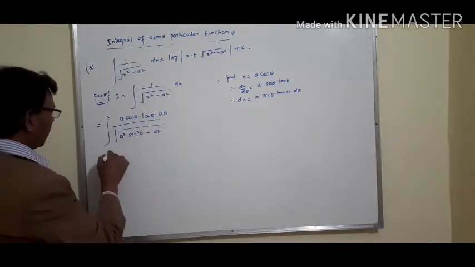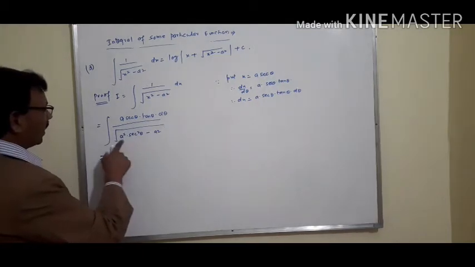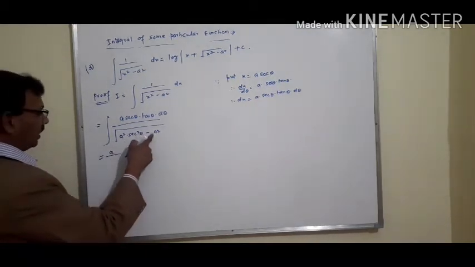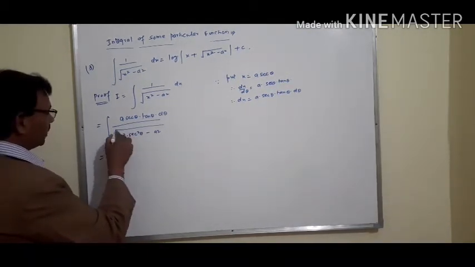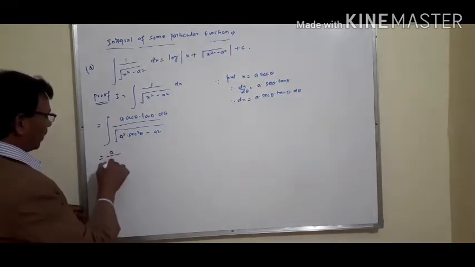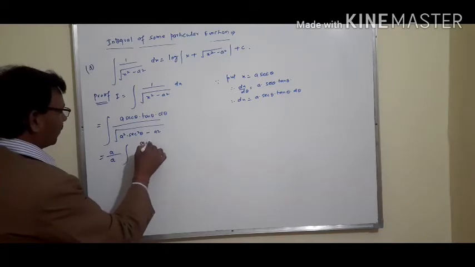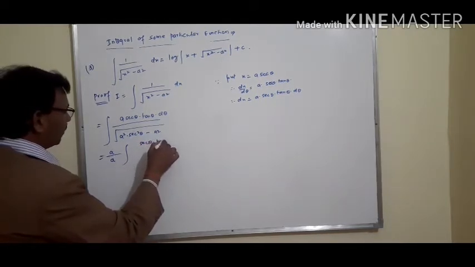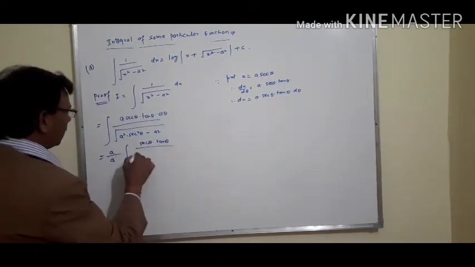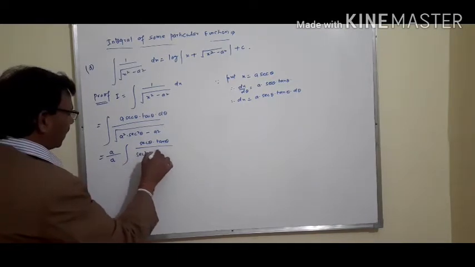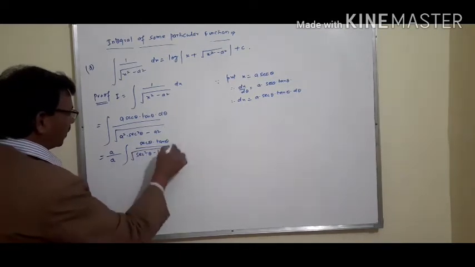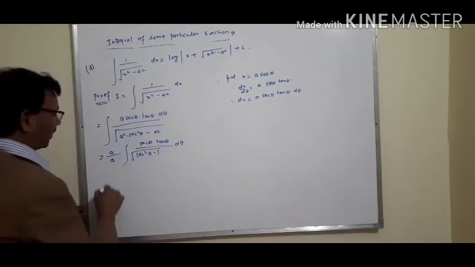Now, taking a square as common outside of the square root, this will be a integration sec theta into tan theta whole upon root under sec square theta minus 1 into d theta.